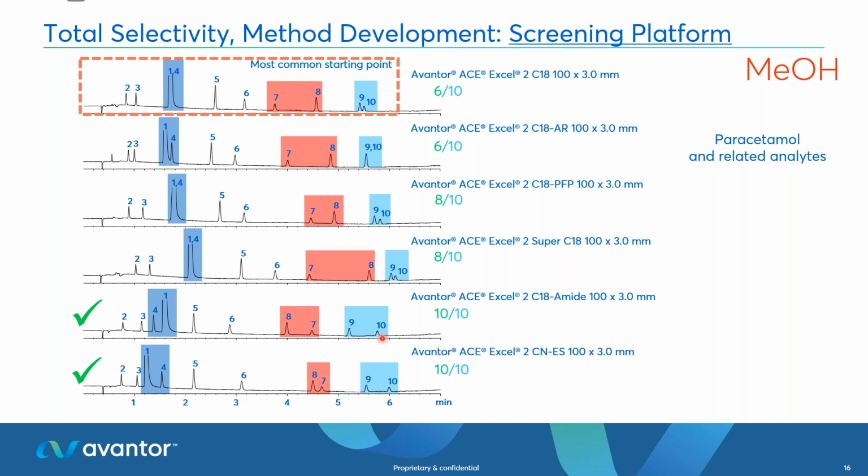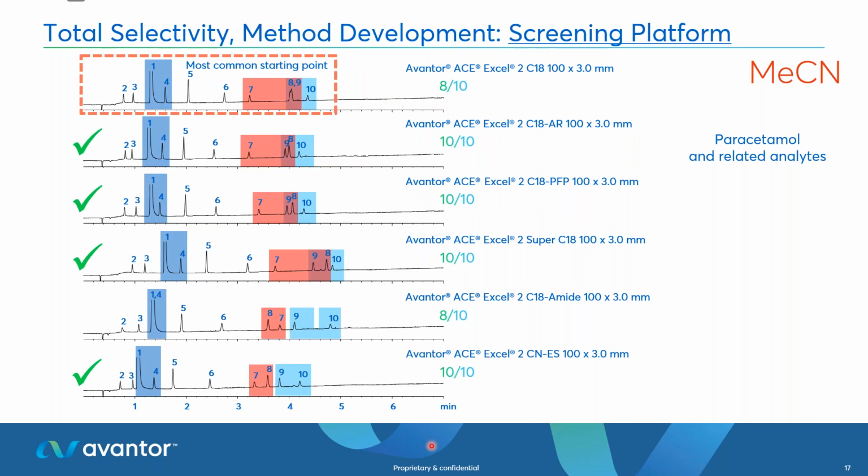Actually, these two columns at the bottom have good separation of all analytes in the mixture. You can see peaks 9 and 10 are well separated here. In some cases, you've got reverse elution order of some peaks. You can see that for peaks 7 and 8. And this is with our methanol mobile phases.